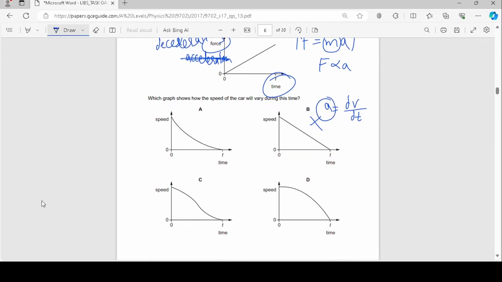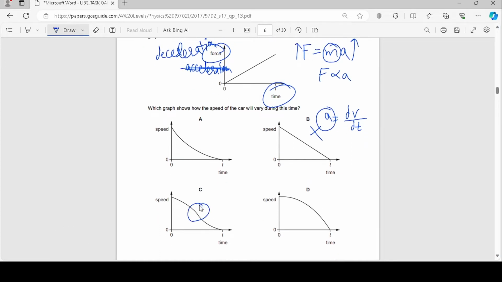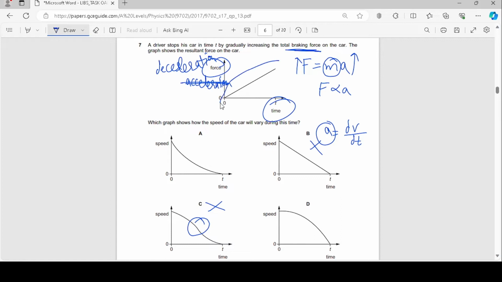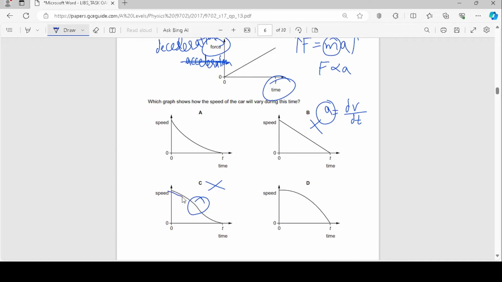And if you look at C, we have an inflection point, which again doesn't make sense, because you can see it's just increasing and not doing anything else. So if it's increasing, you would expect a smoother trend than an inflection point. There should be no point like that.